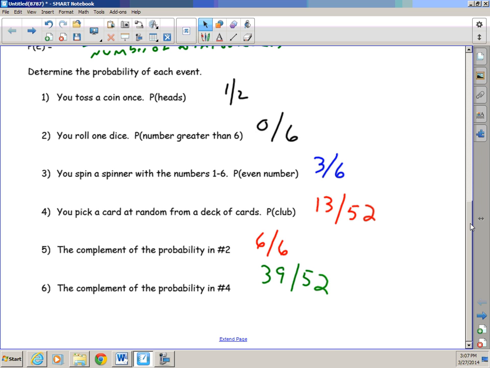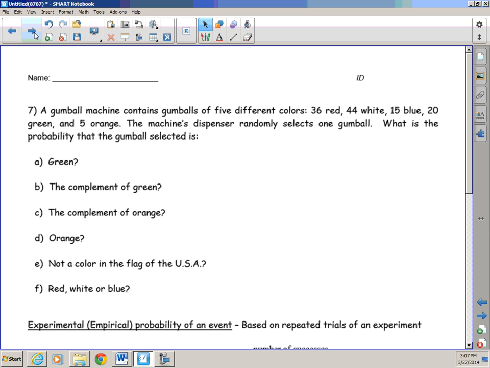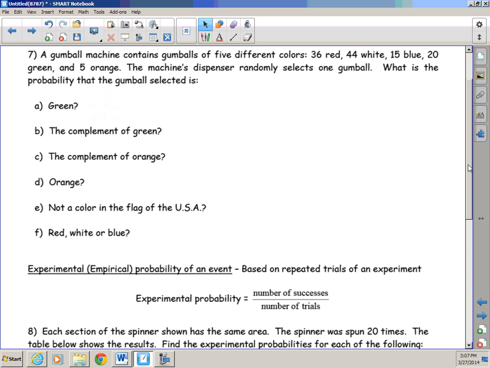Okay? All right. Now we go to the second example, a gumball machine with 5 different colors. And I want to find the probability of each of these when I select one gumball. Now, again, this is the type of situation where I'm talking about no bias, in that all of the gumballs would have to be the same size, shape, etc., because otherwise that could lead me to choosing one over the other.